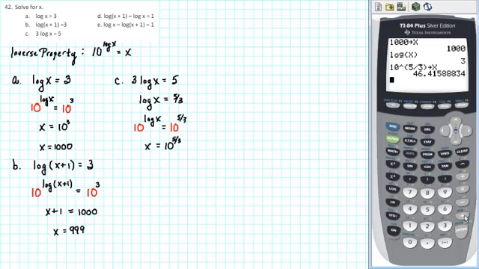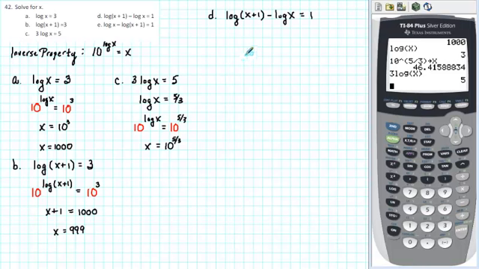And then we go back to our original equation, and on the left hand side we have the expression 3 times the logarithm of x. So we enter 3 times the logarithm of x, and we verify that that is equal to 5. It is, and so we're confident that our answer is correct.